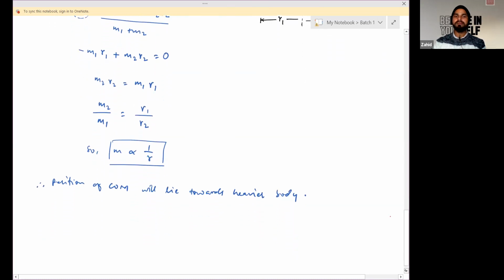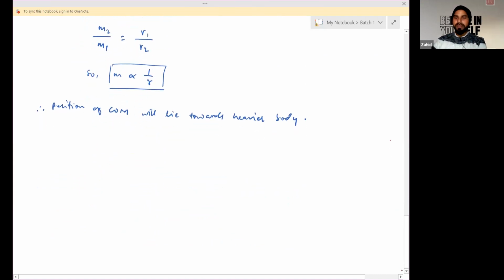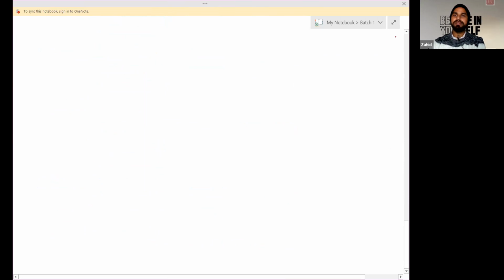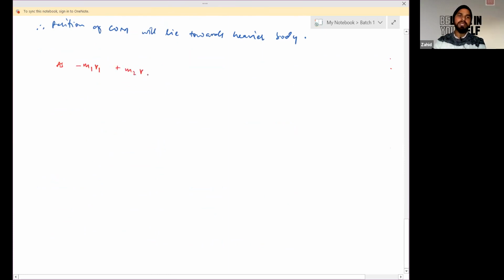Yes, sir. Okay. Now from this we may conclude or calculate the sum of terms. As we have M1 R1 with a negative sign plus M2 R2 equals 0. You may write R1 plus R2 equals total separation between two particles. Now we have to combine these two equations to find the value of R1 and R2. So multiply this equation by M1.